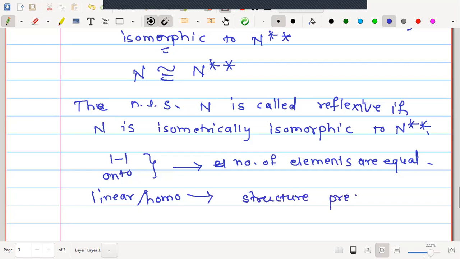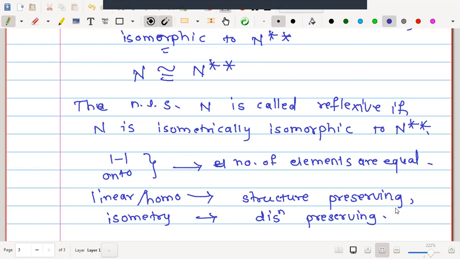And last is isometry, which is distance preserving. Therefore, elements in n and n double star are different, but the nature, characteristics and number of elements are the same. Therefore, the spaces are called isometrically isomorphic.